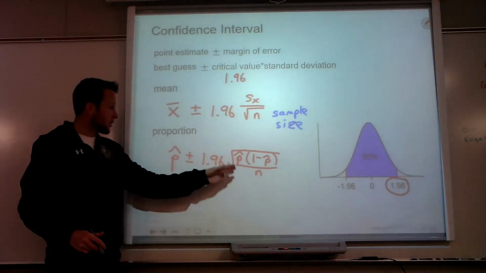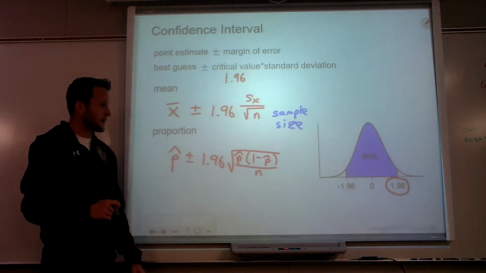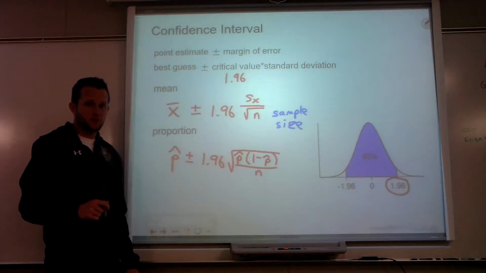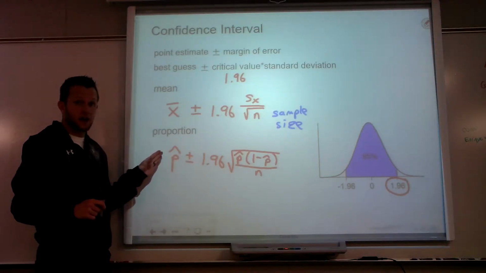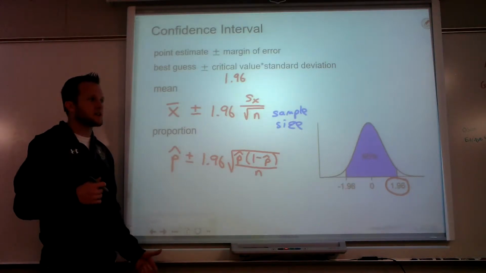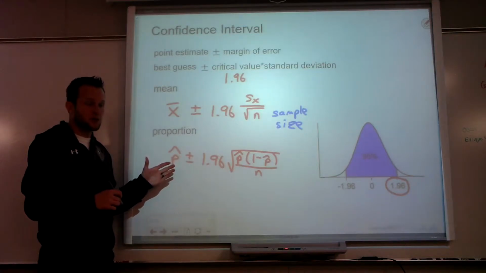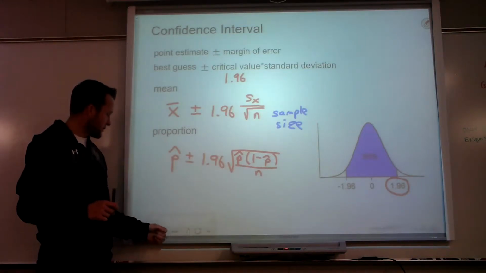When we multiply this all together, that'll give us a margin of error, which we can add or subtract, and that gives us our confidence interval. Now, these look scary, I realize that, but just try a couple examples with me and you'll see, oh, that's not too bad. And you don't have to memorize them, you can use your notes, okay? But just try these out with me.